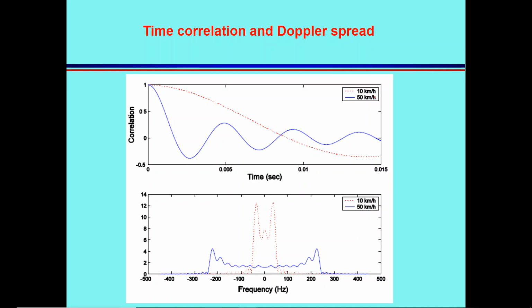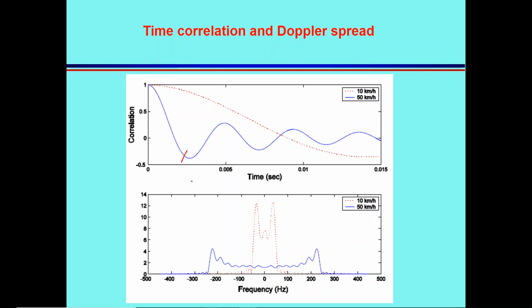The one moving faster, his channel changes more rapidly, and that's why its coherence time is shorter. Does this make sense to you? More speed, very fast, the channel changes quickly. This means that since the channel changes quickly, the duration over which the channel is almost constant is short. And that's why the autocorrelation function becomes independent after a short period of time.